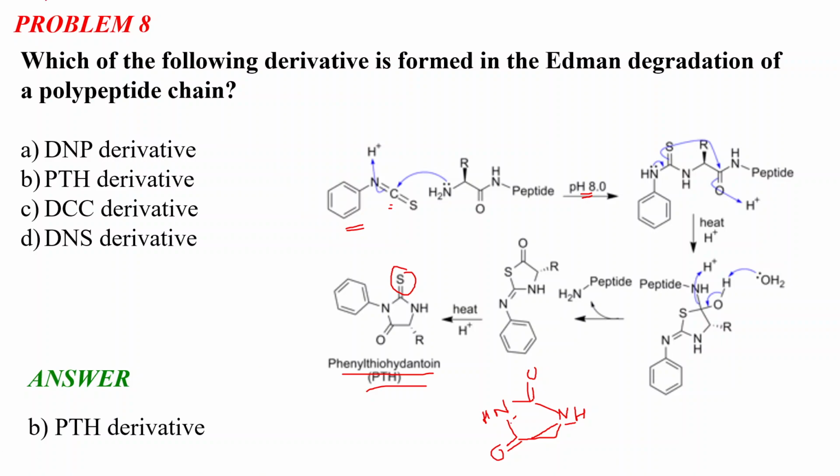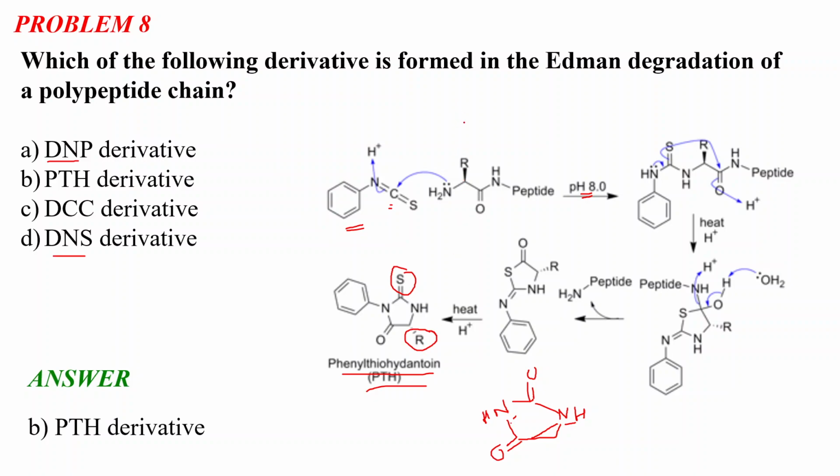If it is not an Edman reagent, if it is Sanger's reagent, then the DNP derivative is formed, and if it is dansyl chloride, then the DNS derivative is formed. All these reagents do only one thing: they tag the free amine group side of the peptide, and from this derivative we can know what the N terminal amino acid was, because by seeing this group R, which is added to this PTH derivative, you can easily determine it.